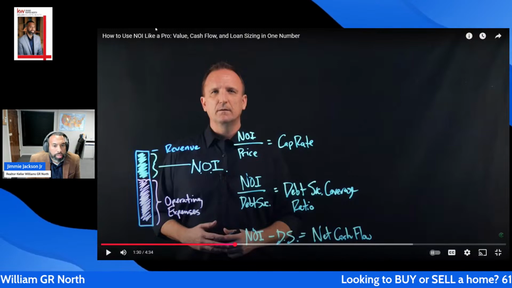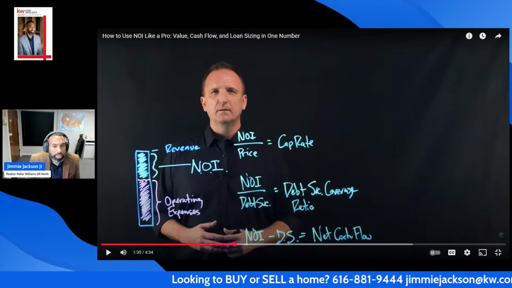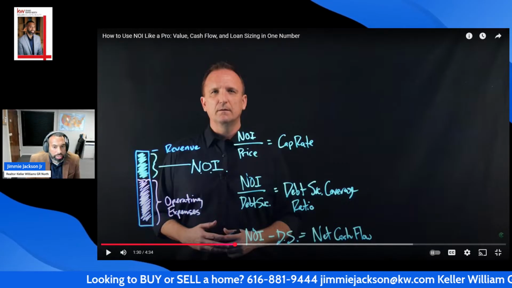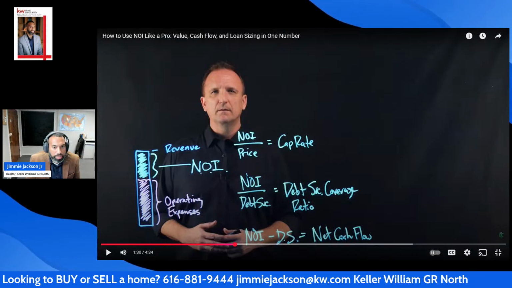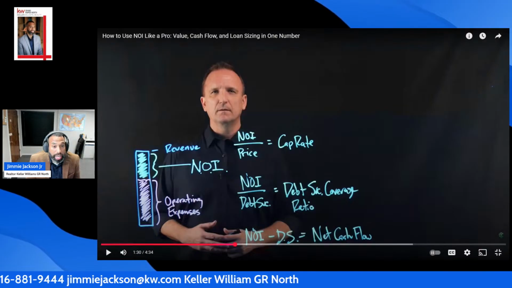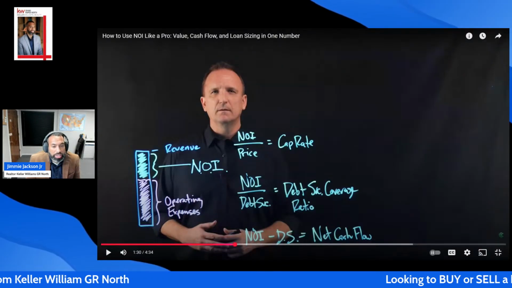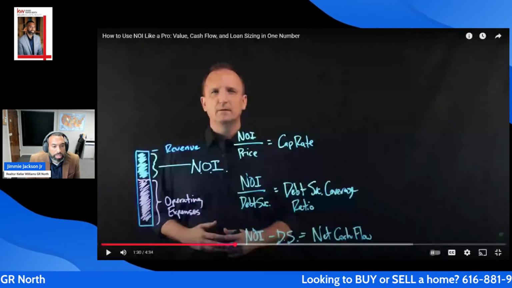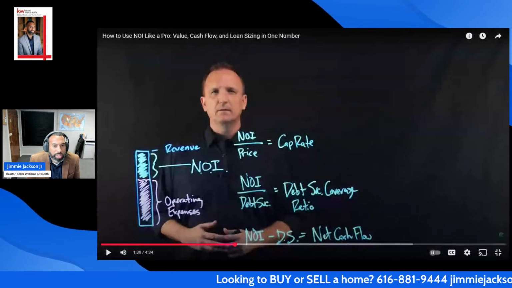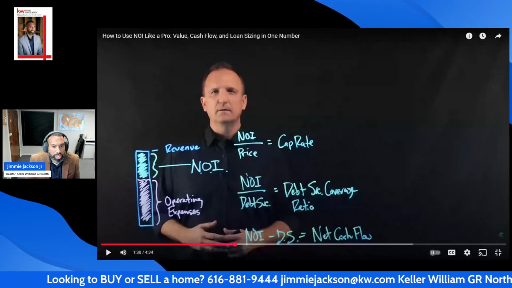So, like you just said, your NOI minus your debt service is going to be your cash flow. So you want to make sure that you pay attention to that. Your cap rate is pretty self-explanatory, but I just wanted to stop to let's soak all this information in really quick.